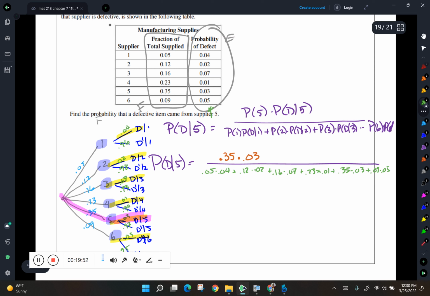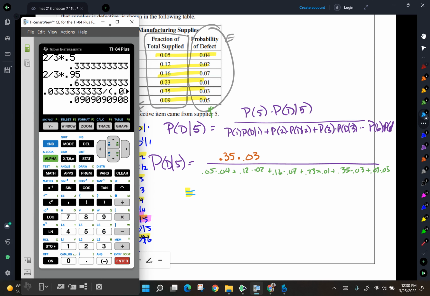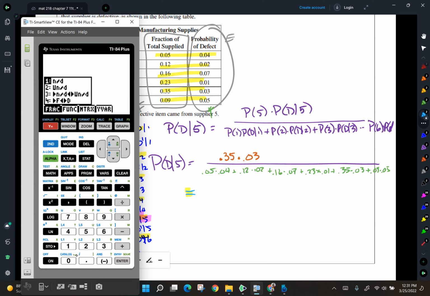And if you're wondering how I'm doing that so quickly, I'm actually reading it right off of here, because those are the branches. And then calculate all that. So then I got to calculate what that works out to be. So that is absolutely a calculator problem. So I'm going to make a fraction. My numerator is going to be 0.35 times 0.03. My denominator is going to be 0.3. Oh, wait.